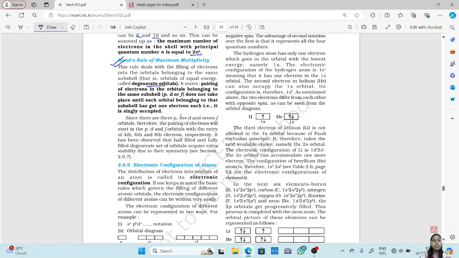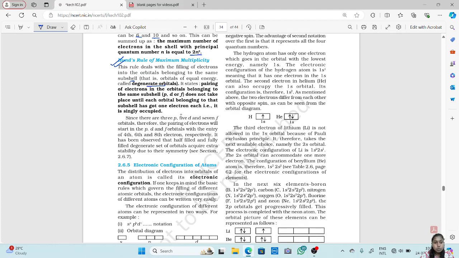It states that pairing of electrons in the orbitals belonging to the same subshell, that is P, D or F, does not take place until each orbital belonging to that subshell has got one electron each, that is, it is singly occupied. So P, D and F are such subshells.